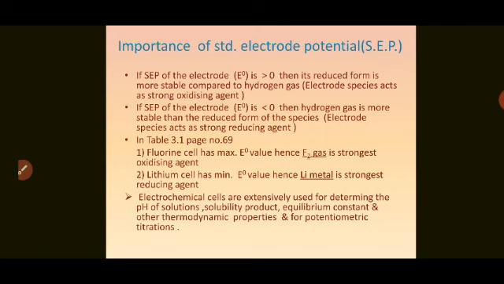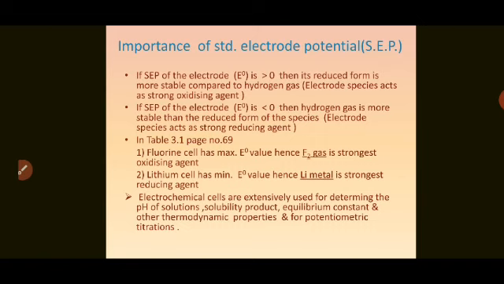Consider two examples. The fluorine cell has the maximum E naught value, that is 2.87. Hence F2 gas is the strongest oxidizing agent. Whereas the lithium cell has the minimum E naught value, hence lithium metal is the strongest reducing agent.